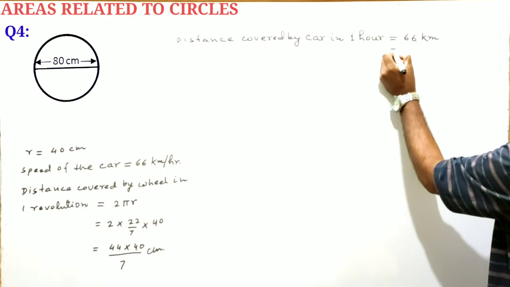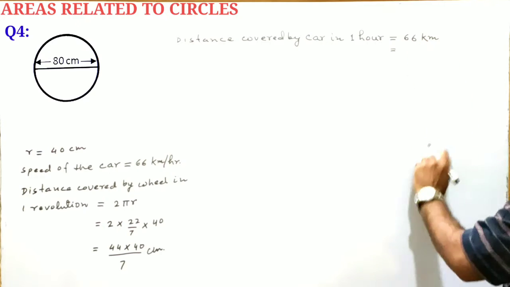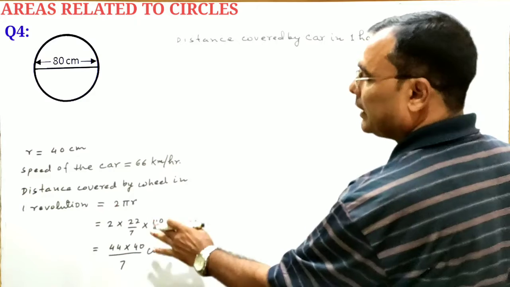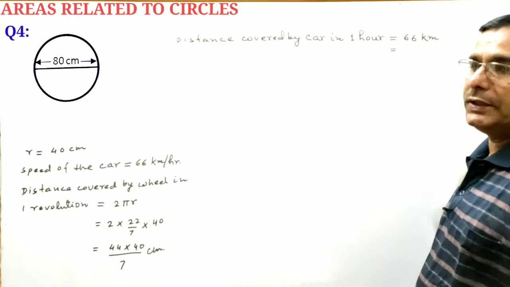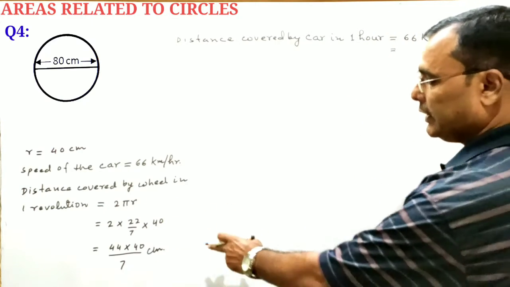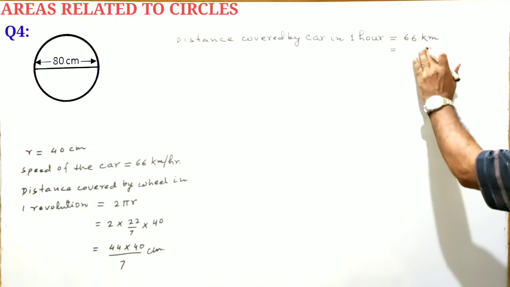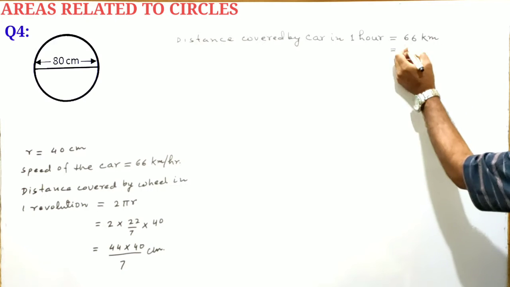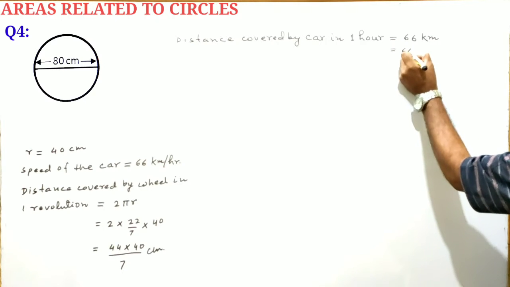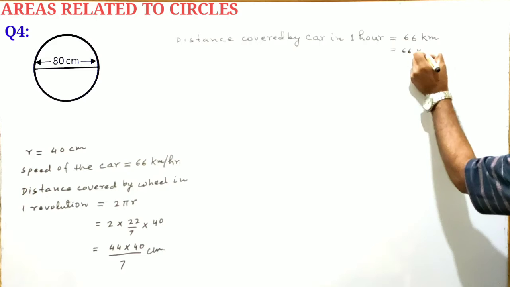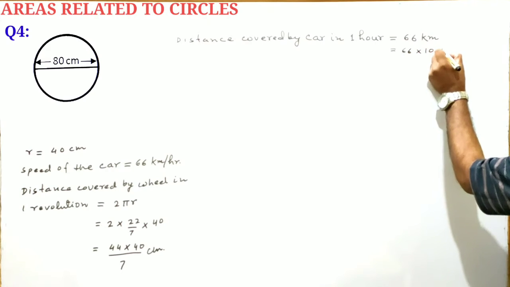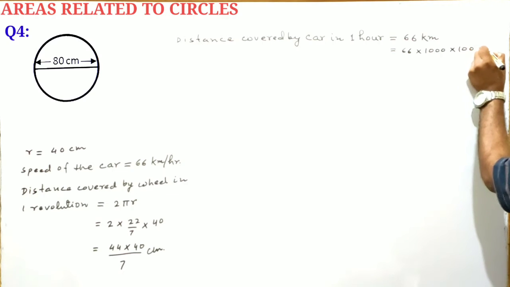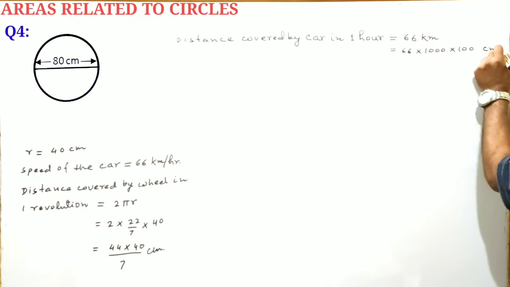This 66 kilometer distance is in kilometer, and here we have calculated circumference or perimeter or distance covered by the wheel in one revolution in centimeter. So let's change this distance also in centimeter. So 66 into 1000 into 100, and this will be in centimeter.